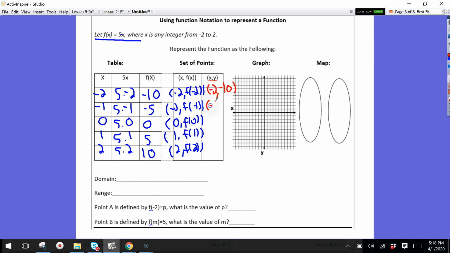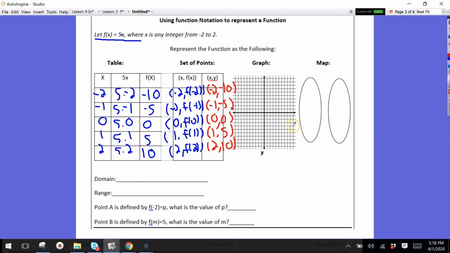And we have -1, and our f of -1 is -5. And 0, and f of 0 is also 0. 1, and f of 1 is 5. And 2, and f of 2 is 10. Okay, so this is the way we can write that in function notation, and this is the way we can write it because we know what the values are.